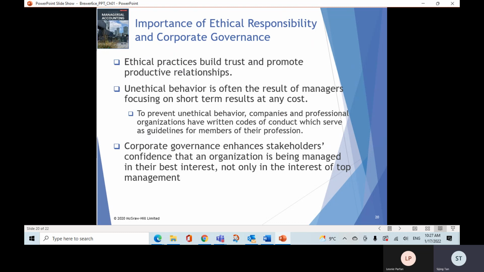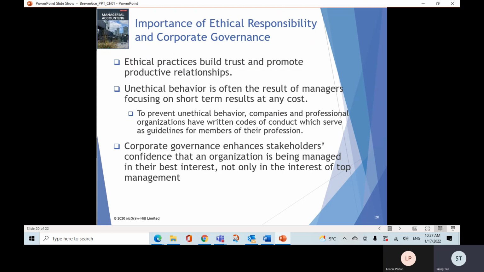That's why we need a code of conduct in every company to do business. Now the last is corporate governance. Corporate governance is the system by which an organization is directed and controlled. Effective corporate governance enhances stakeholders' confidence that the organization is being managed with their interest in mind.